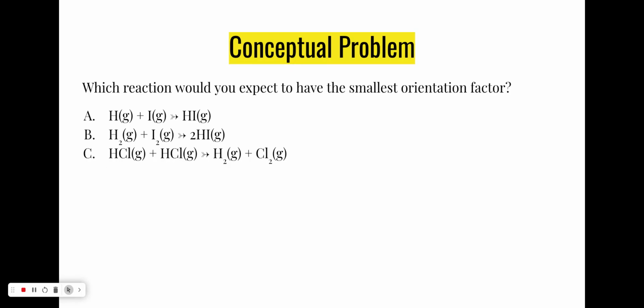Again, HCl has to collide in a very specific manner for that reaction to occur. If it doesn't occur like that, it will not happen. So they have the smallest orientation factor out of these 3 reactions. The one that had the highest would, of course, be A.